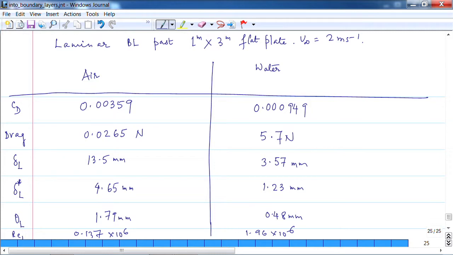Let us see now for air, at whatever given temperature. Let me write down here. The density of air is 1.23 kg per meter cube, and kinematic viscosity is 1.46 into 10 to the power minus 5 meter square per second.